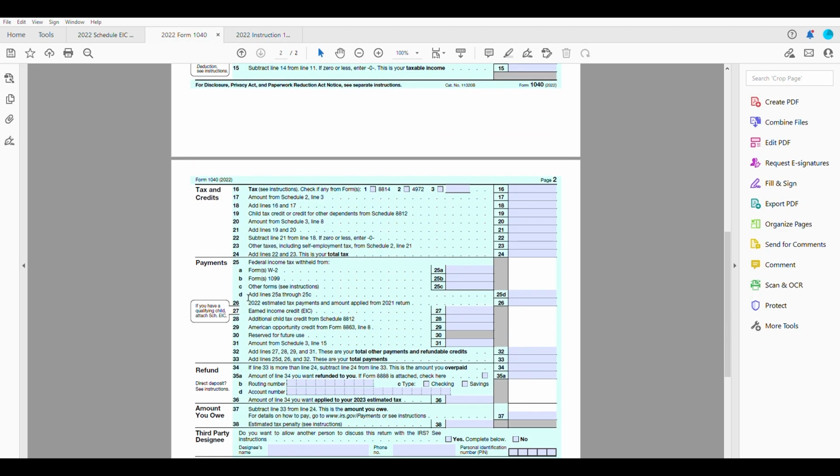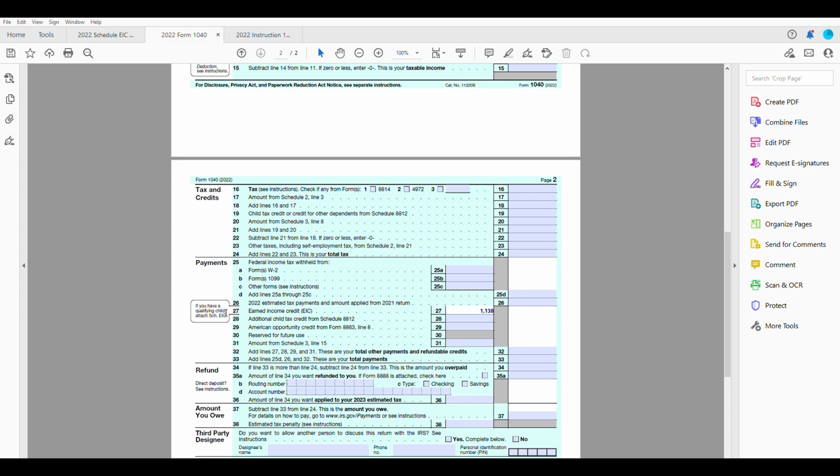Go back to our Form 1040 here and go to line 27, and we calculated their earned income tax credit of $1,138. And remember, for this taxpayer, we'll have to include Schedule EIC with a Form 1040 tax return.